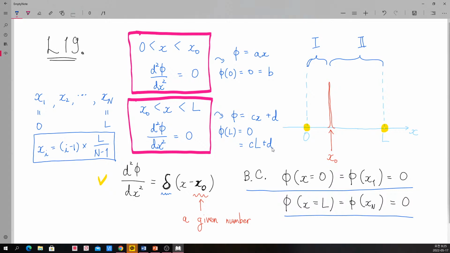So D equals minus CL. Then when we insert this expression, we get C times (x minus L). That will be the form of our solution here. Okay, do you have any question?